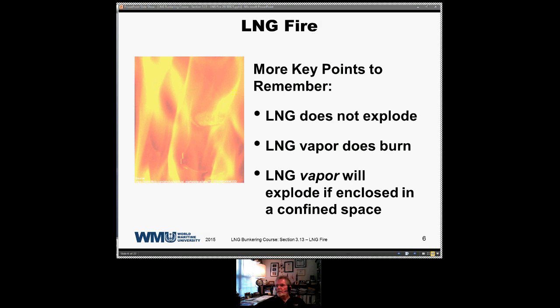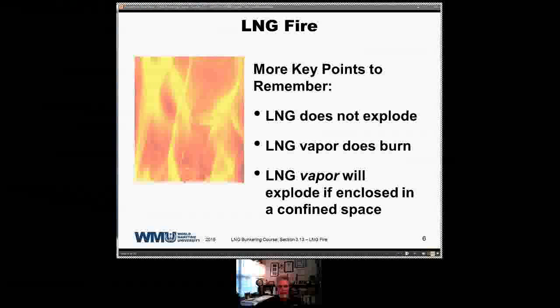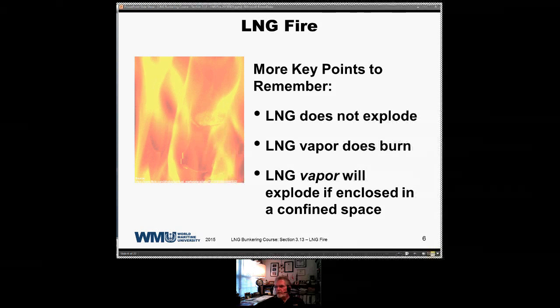but LNG vapor does burn, and LNG vapor will explode if it's in an enclosed space, if it's in the proper concentration, and if there's air. Again, you have to have air. So any of these explosions that we read about in the newspaper, a natural gas explosion in an apartment building or any type of building, what has happened there is obviously there's a leak, and the proper concentration of gas was attained, that 5 to 15% range.